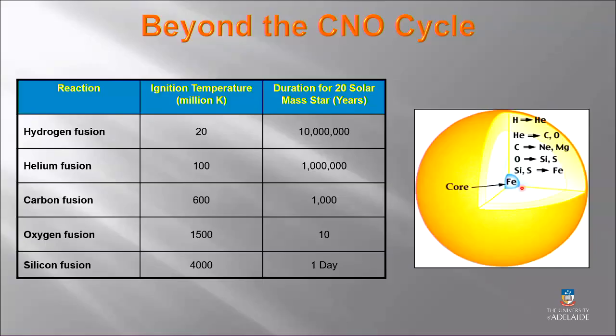The only way you can fuse iron into heavier elements is to put energy into the reaction. So all fusion stops at that point. And that's when the delicate balance between energy and gravity is finally lost, and the star will collapse. And we get a supernova.